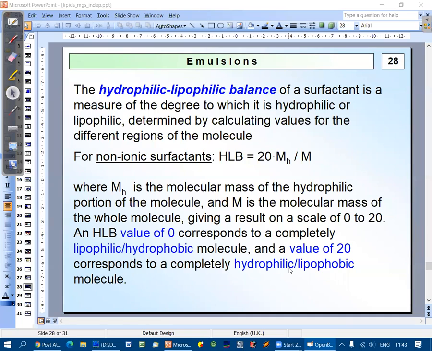As a result, when you stop shaking the system, droplets of water will form the continuous phase and you will get a direct emulsion. That's why the type of emulsion depends on the properties of the stabilizer only.